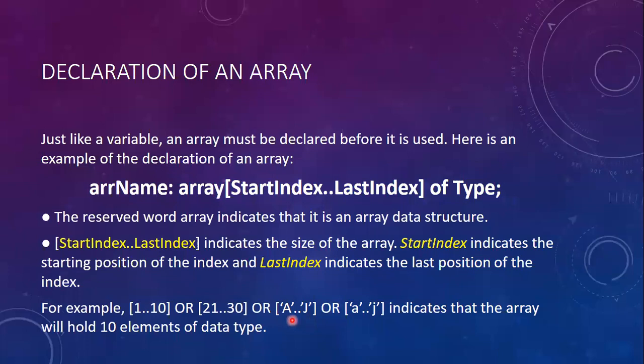So if I am typing in capital letters, it is not going to be able to find small letters, and vice versa. So the other thing is your letters must be in single quotes to define a string. So A to J indicates that the array will hold 10 elements of data type.